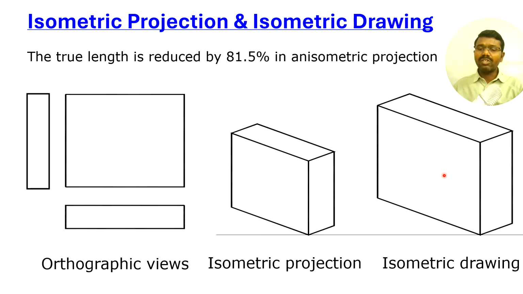So it is very easy to convert the isometric drawing into an isometric projection using the scale command with 0.815. That is why we are not concentrating on isometric projection in this video, but on the isometric drawing, where we take the true dimensions of the object.